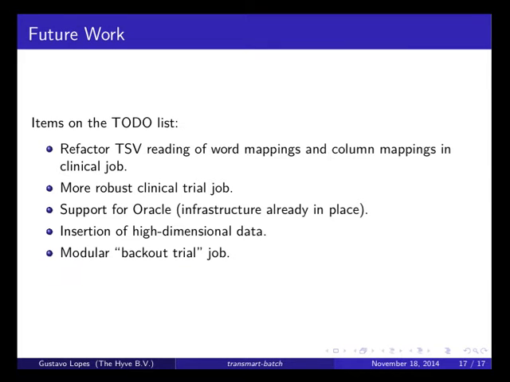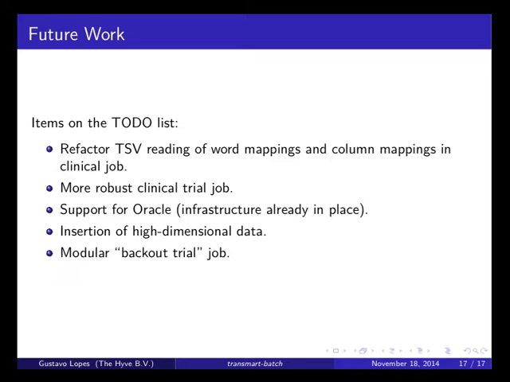Finally, future work. We have some items on the to-do list right now. One I mentioned already, it'd be nice to refactor the DSV reading of word mappings and column mappings. Then improving some aspects of the clinical trial job to make it more robust.